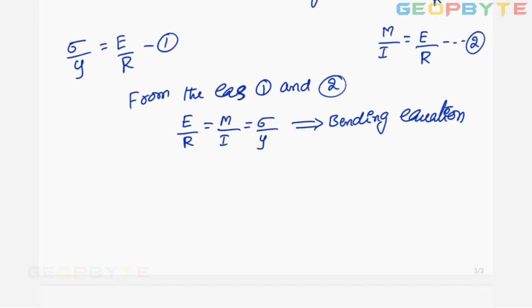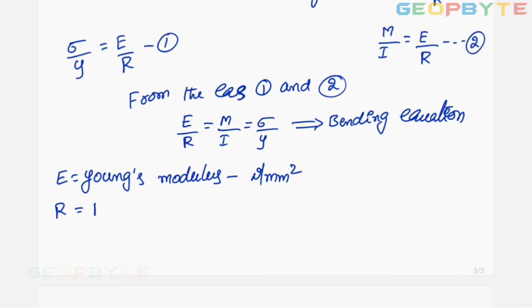Remember, where E equals Young's modulus, it is in Newton per millimeter square. R equals radius of curvature, may be in mm.